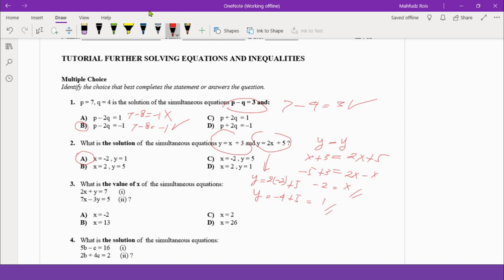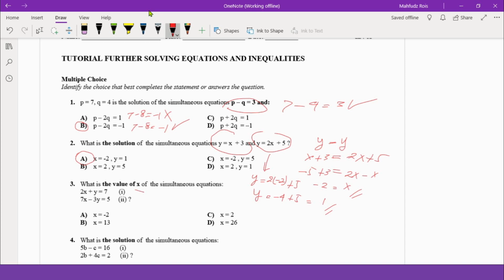Okay, number 3. What is the value of x of the simultaneous equation? So this one also the same. We need to find x here. Now, since we want to find x, we need to eliminate y. So to eliminate y, we need to make the coefficient of y of both equations the same, right?